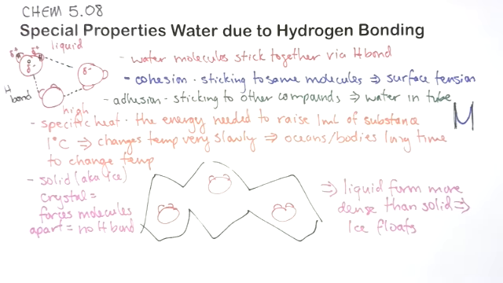Because the water molecules are sticking together, it takes a lot of energy to break those hydrogen bonds and increase the temperature of water. And when we cool it, we force the hydrogen bonds apart and put it into a crystal form, and that gives us a solid that's less dense than its liquid form. You see this with very few other substances, if any. I can't think of any off the top of my head. But all of that is because of hydrogen bonding.